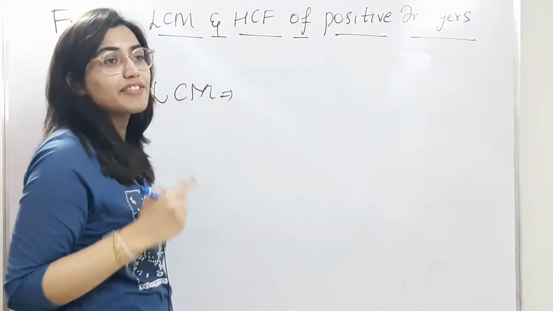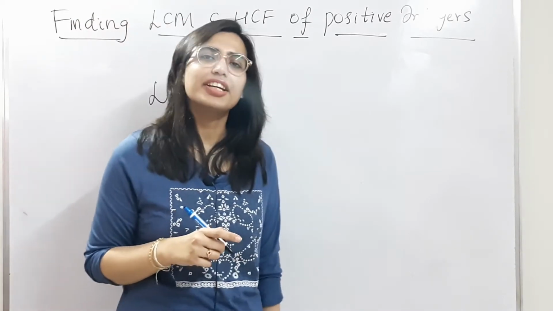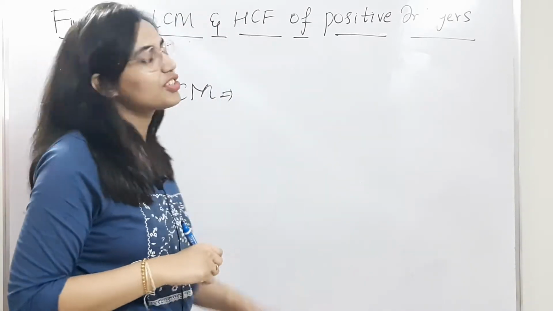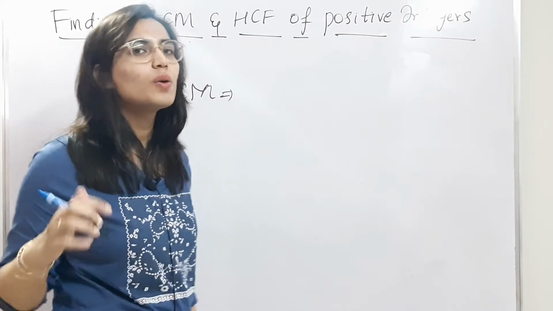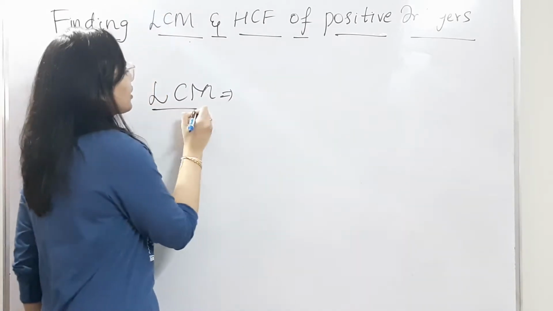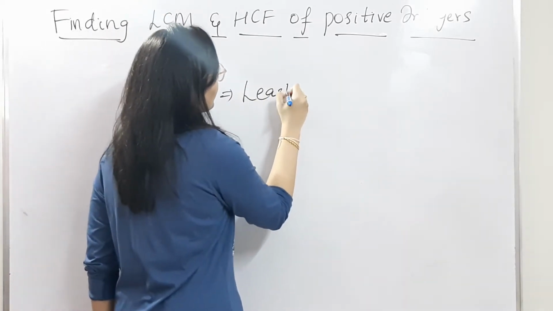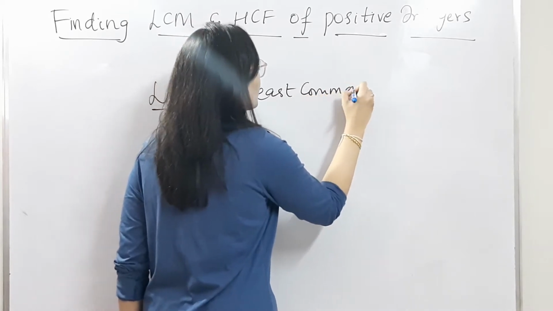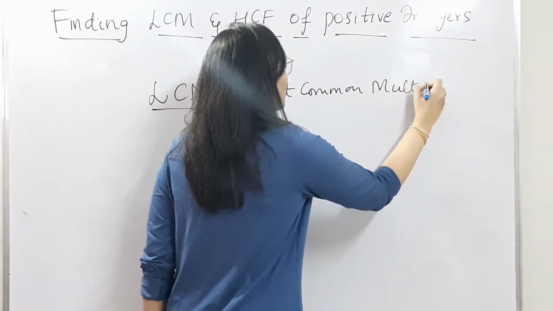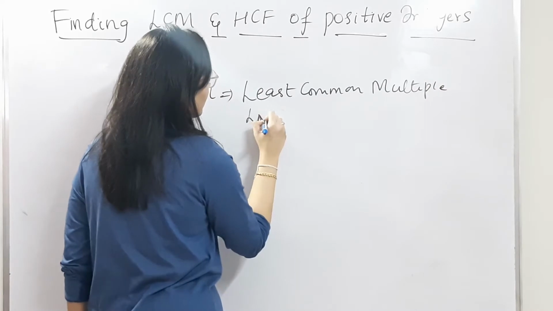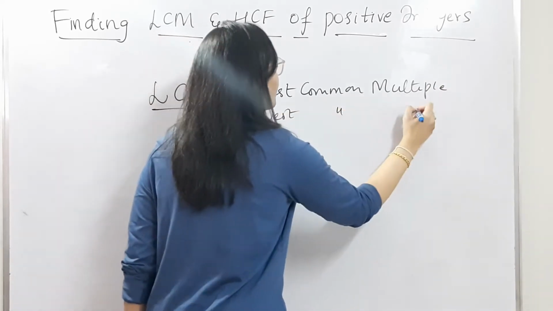This is something which we haven't touched so far on our channel, but I will make a dedicated video to help you understand what exactly LCM is and how it has come into existence. But LCM is nothing but least common multiple, or you can say lowest common multiple.